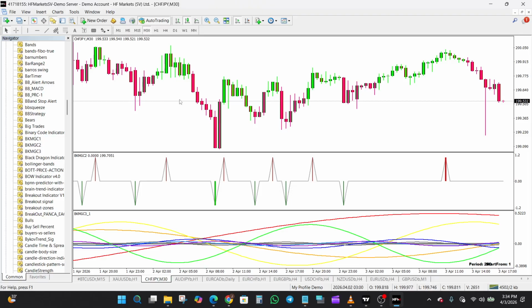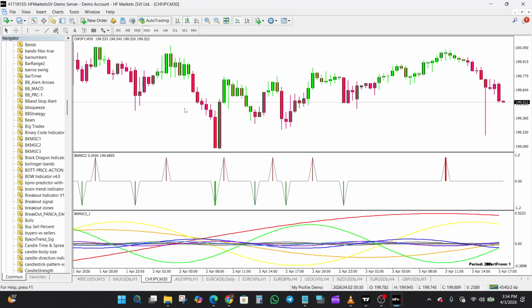So the first indicator, we can see that it paints directly on the candlesticks. When the prevailing momentum is bearish, you will notice that the indicator will paint these red lines, sorry.